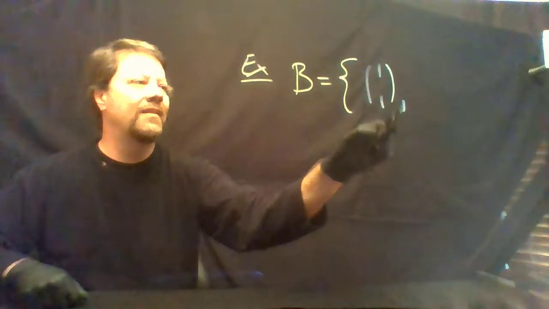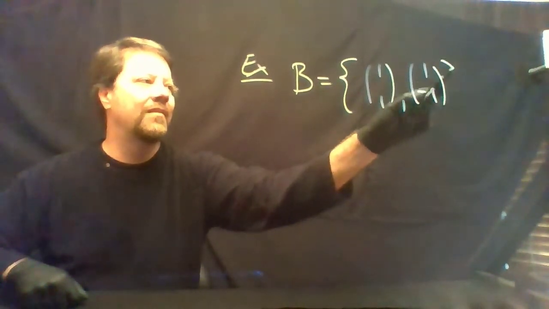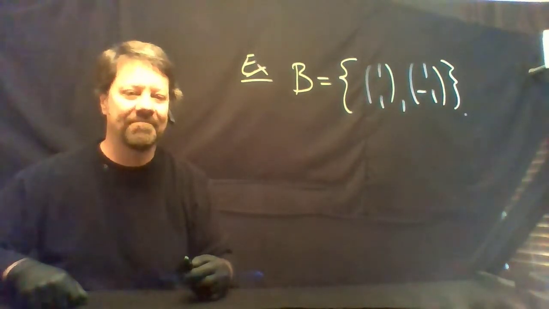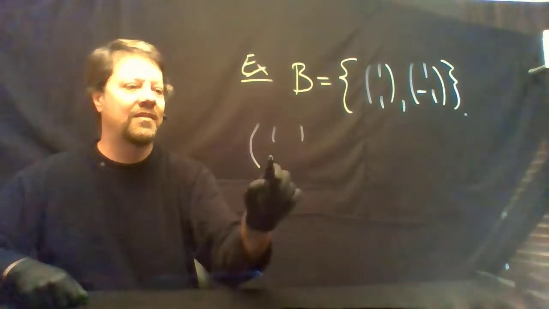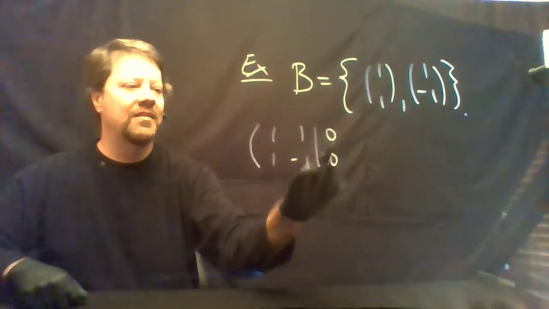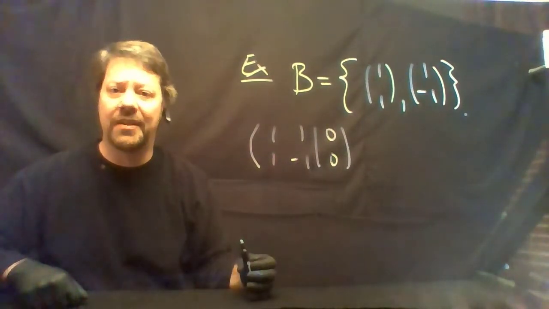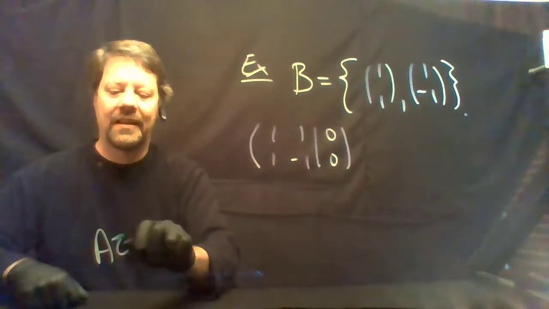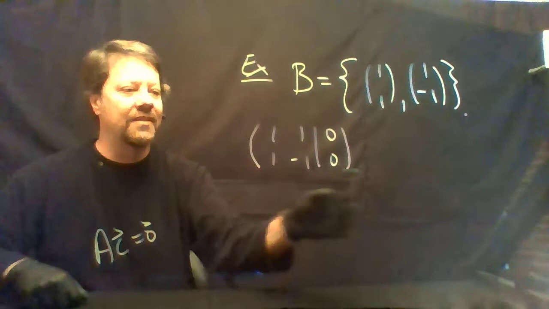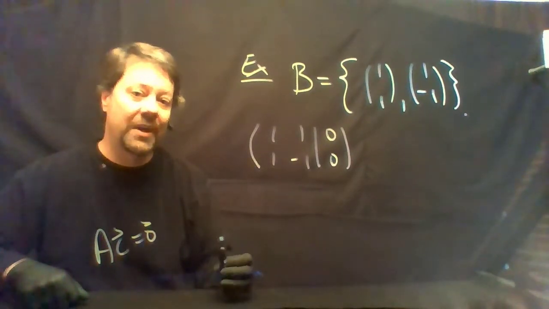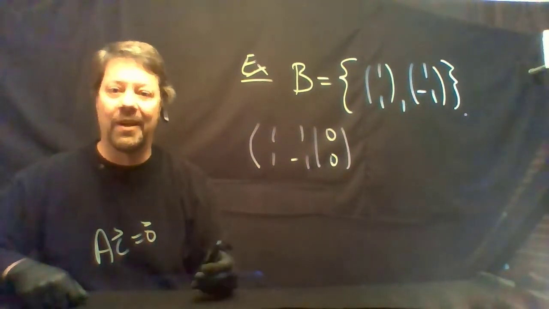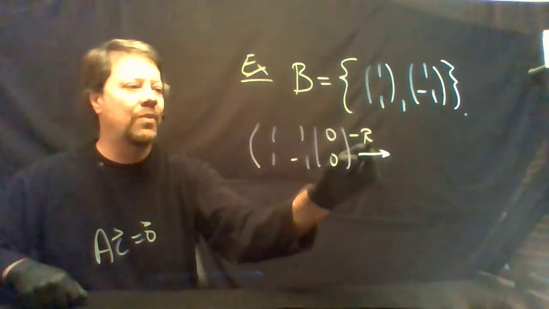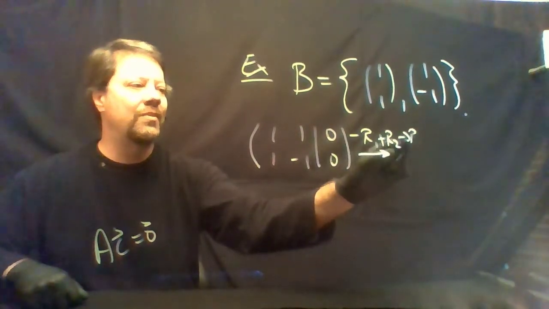Suppose we have (1, 1) and then (1, -1). First of all, is this linearly independent? We can tell by seeing if some non-trivial linear combination gives you 0. Solving Ac = 0 is equivalent to finding the reduced row echelon form of this augmented array. Let's work on this. We'll take negative row 1 plus row 2 to yield a new row 2.